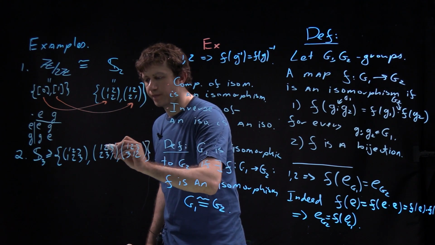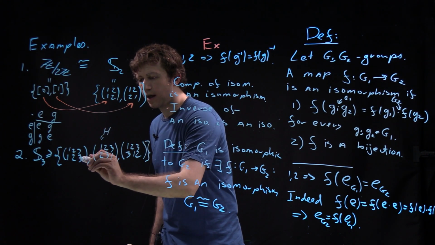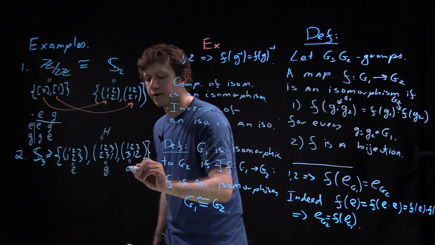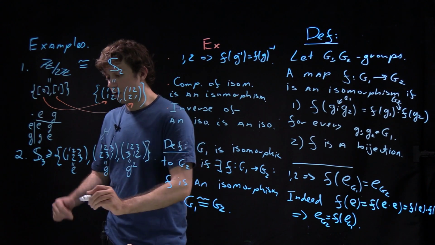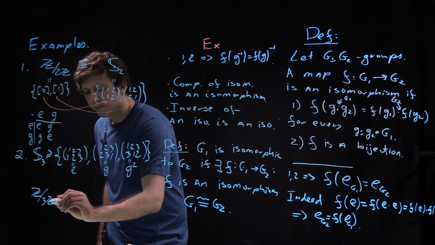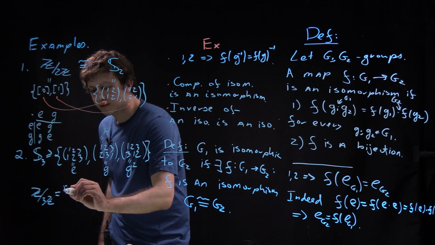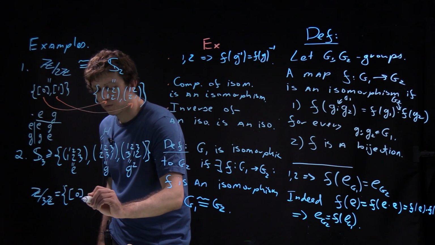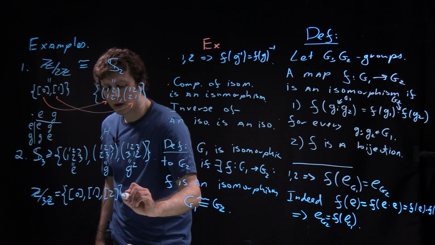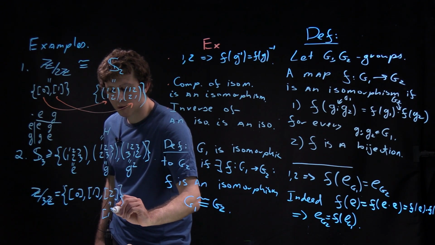And this was H. And we discussed it's a subgroup, and if this is E, this is G, this is G squared. But also we have another group which looks like that. We can take Z over 3Z with its 3 elements. So it has elements 0, 1, and 2.